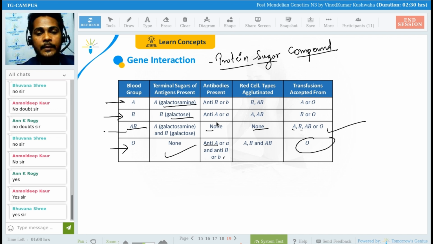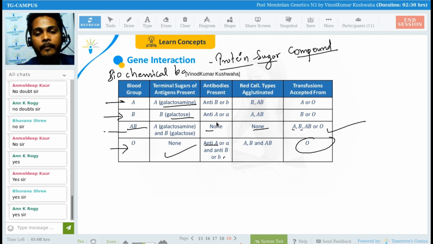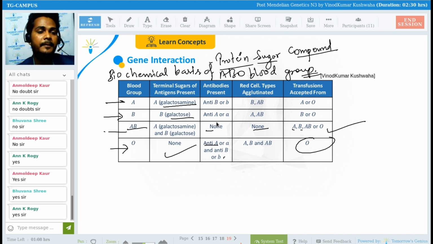Let me write here, the biochemical basis of ABO blood group. Clear? Does anyone have a doubt in this?